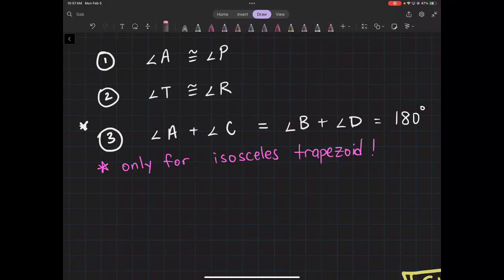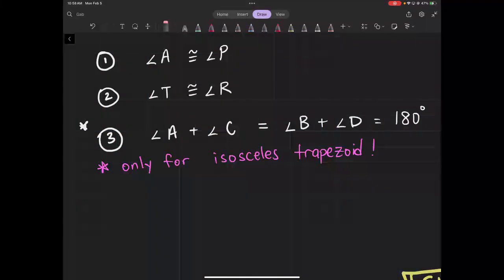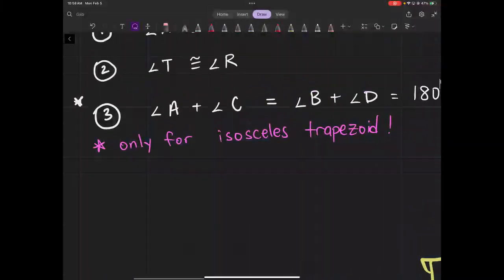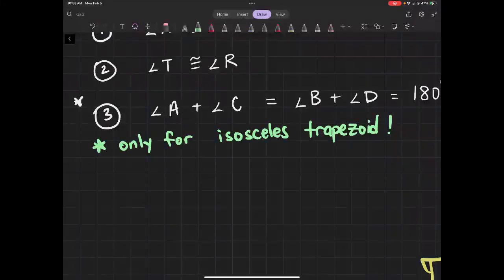They don't tell you that in your theorem sheet. And then include that little note.